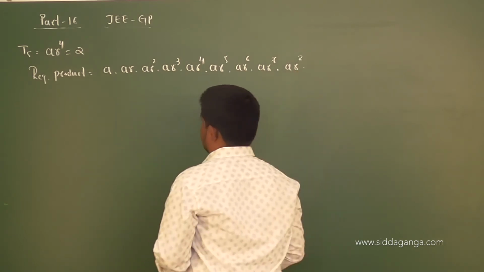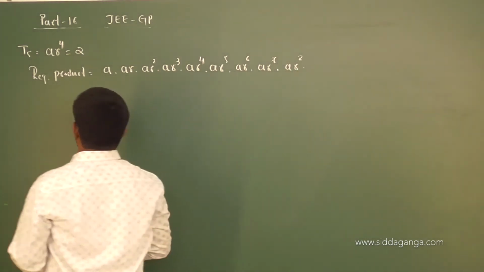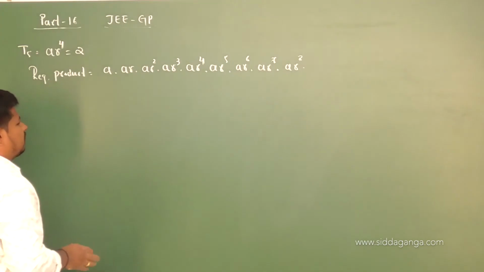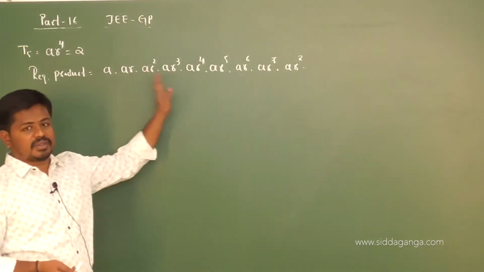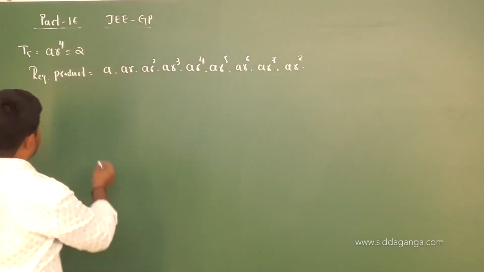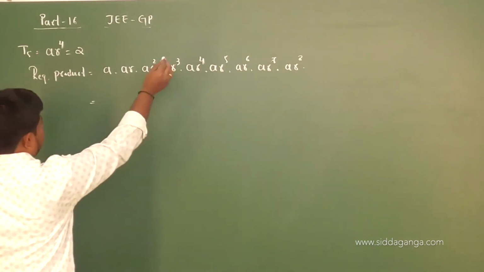This gives what? Your product of first 9 terms of given series. It's very simple, students. Here we have a data, fifth term. Let me substitute that in the given product. That's it. It will give the answer. So here what? A is multiplied 9 times.